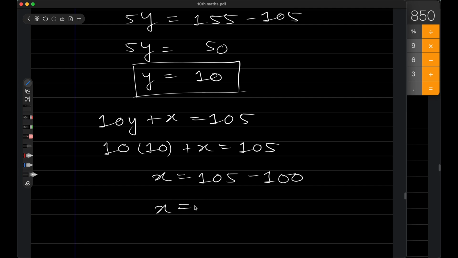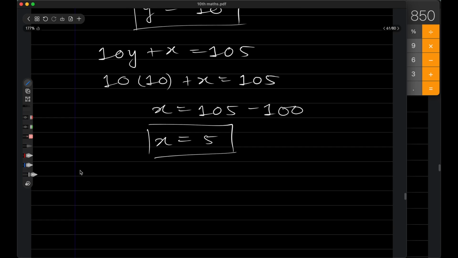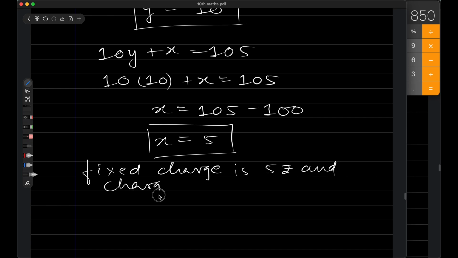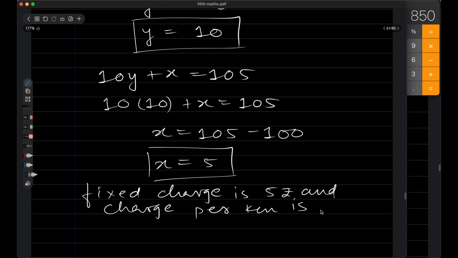We got the value of x equals 5 rupees. So the fixed charge is 5 rupees and charge per kilometer is 10 rupees.